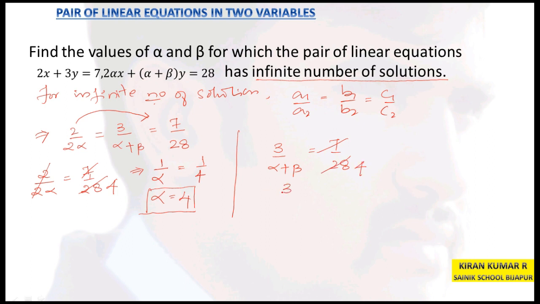We have found the value of alpha as 4, so 3 upon 4 plus beta equals 1 upon 4. Cross multiplying, 12 equals 4 plus beta. So the value of beta is positive 8. So the alpha value obtained is 4 and the beta value obtained is 8.